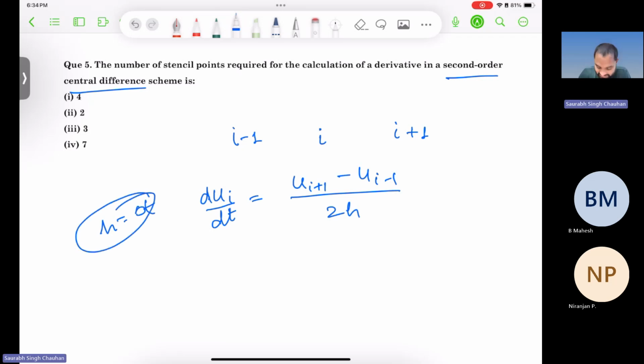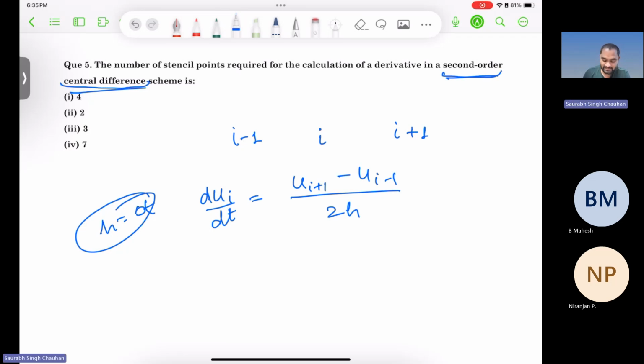Why we are calling this a second order scheme? Central difference is fine.